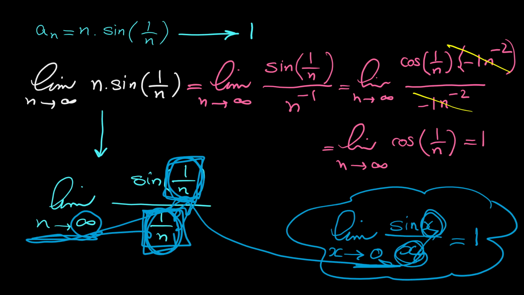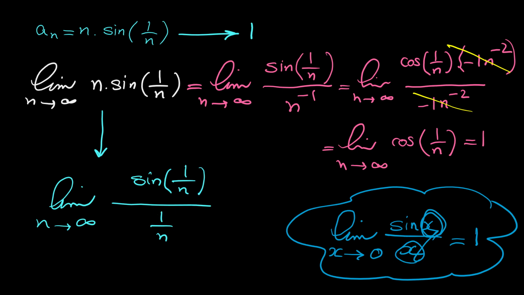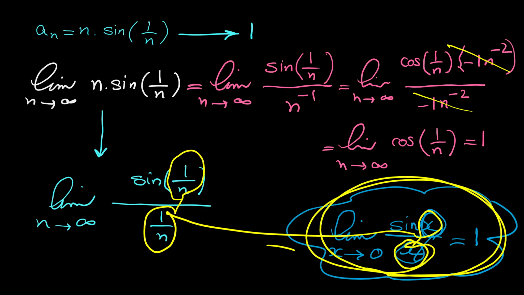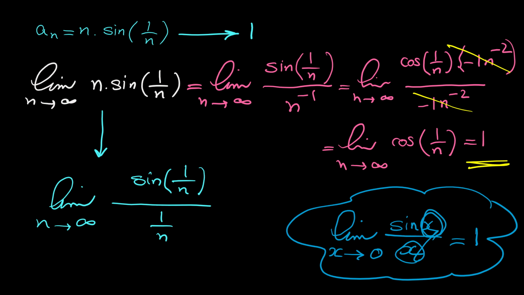These expressions approach 0. So because these expressions approach 0, based on this rule, this limit is equal to 1. From the L'Hopital method we also got the same answer. So we can use this rule, and based on this rule, this limit is 1.